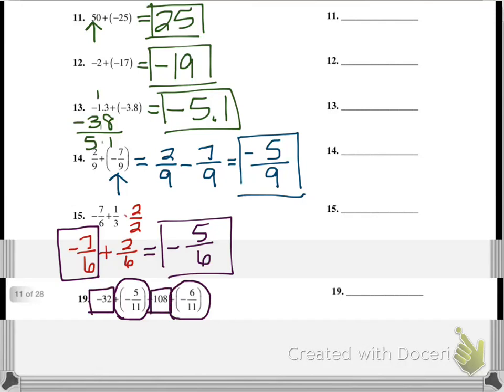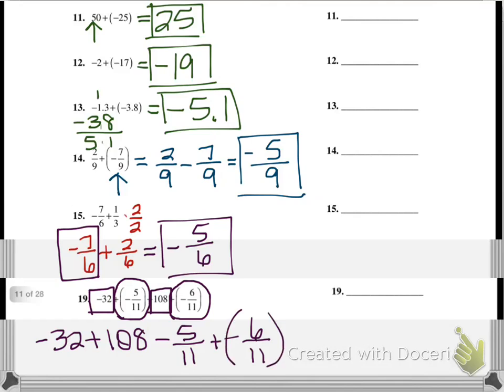So I'm going to work with my numbers first. I have negative 32 and a positive 108. And then my fractions, I have negative 5/11 and a negative 6/11. And they actually have parentheses around them like this, with plus signs.